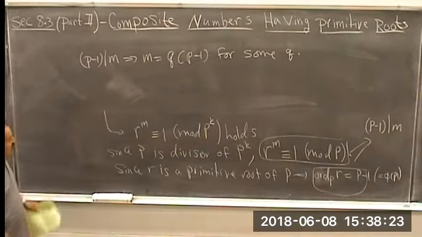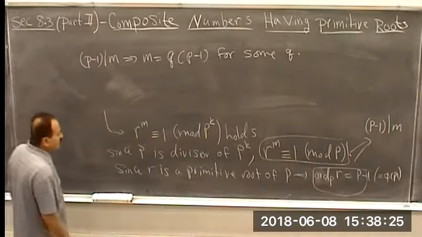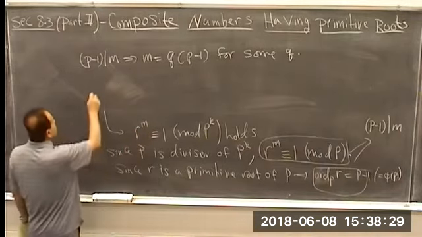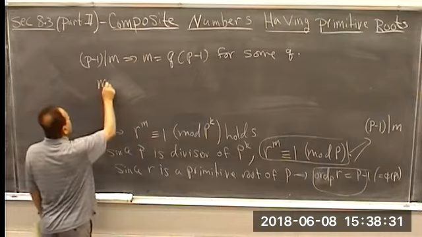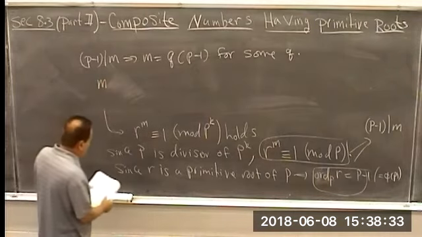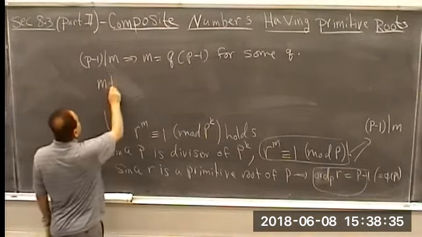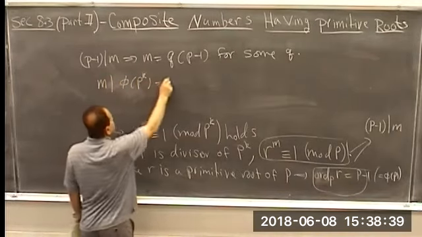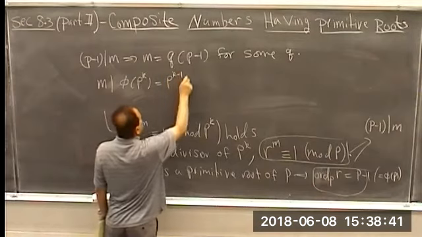All right, now let's look at the other divisibility. Basically, here we have M, and this one also divides phi of p to the k, which is p to the k minus 1 times p minus 1.